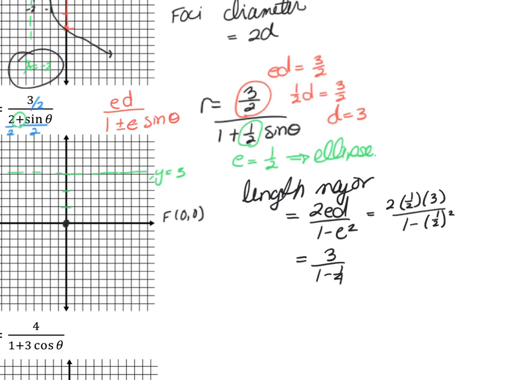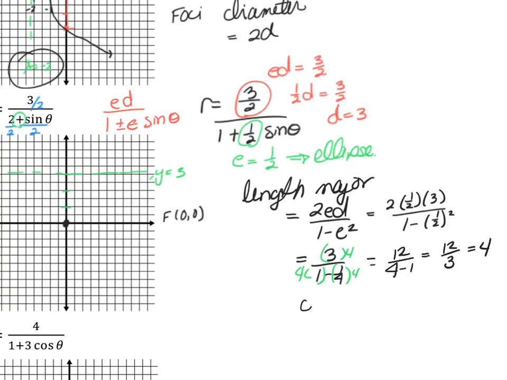If I multiply everything by 4 to get rid of the 1/4 in the denominator, I get 12 over 4 minus 1, which is 12 divided by 3, which is equal to 4. Now that is the length of my major axis. So from side to side, I have a length of 4.